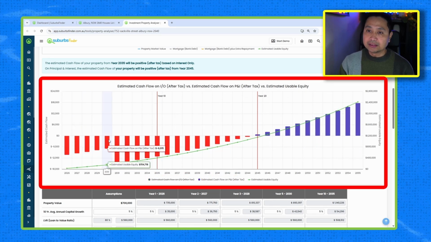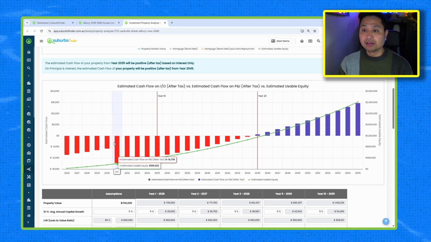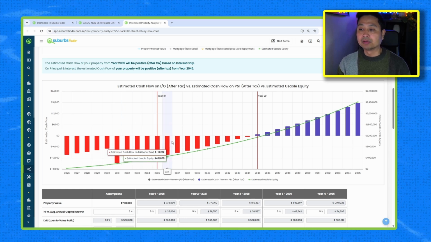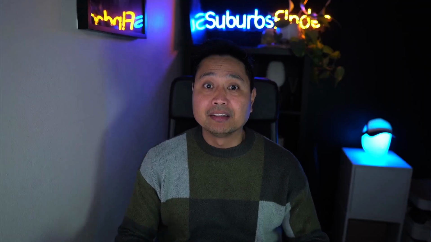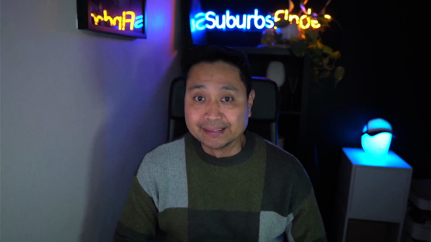Since we are on a 5-year interest only, on the 5th year it will be less negative. But on the 6th year, it will be more negative again. The reason is we started paying the principal component of the loan. Many investors forget to plan for the jump in repayments when the interest-only period ends. Understanding this switch helps us prepare and avoid cash flow shocks.